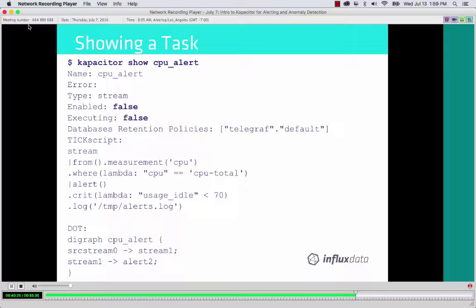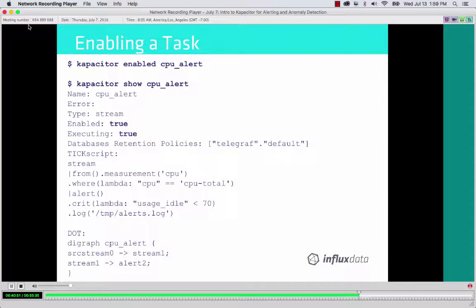Below we can see the TICKscript that we had to define the task. And then finally, at the very bottom, we can see a dot diagram that describes the DAG, the directed acyclic graph that the TICKscript represents. As you can see, we really just have the source stream that leads to stream1, and stream1 leads to alert2.